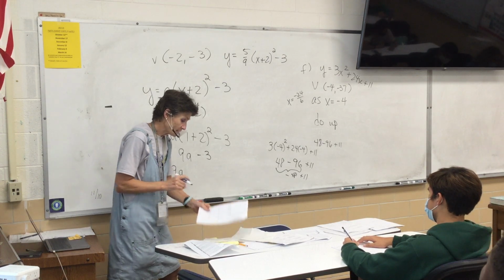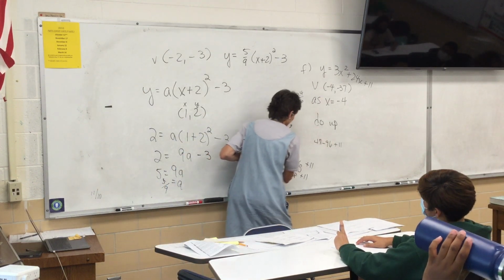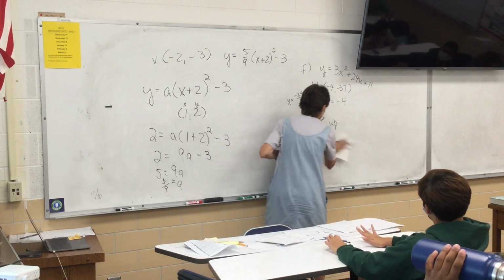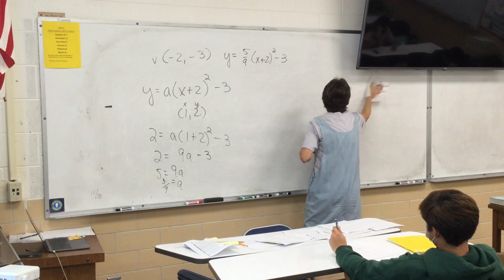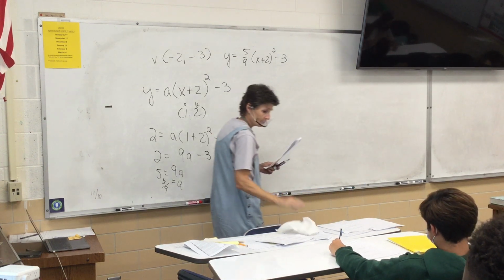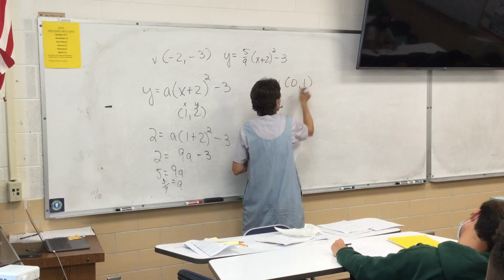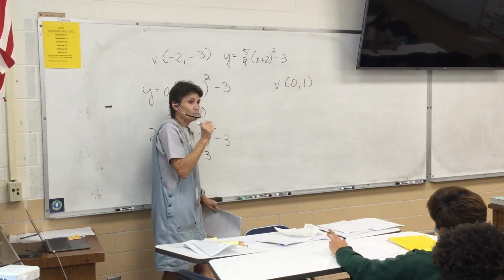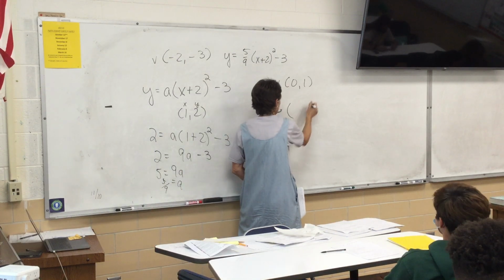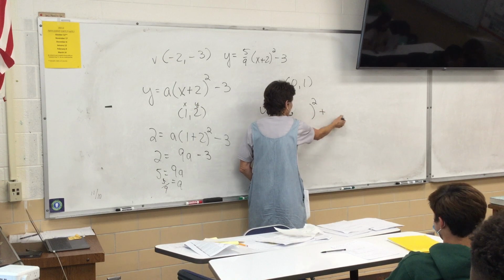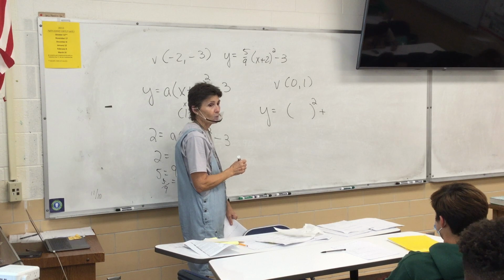Okay, so let's look at the next one. Think about the steps we just went through, guys. Start with the vertex. Now, if you know the vertex, you should be able to fill in the parentheses and put the number on the end. What's going to go in the parentheses?